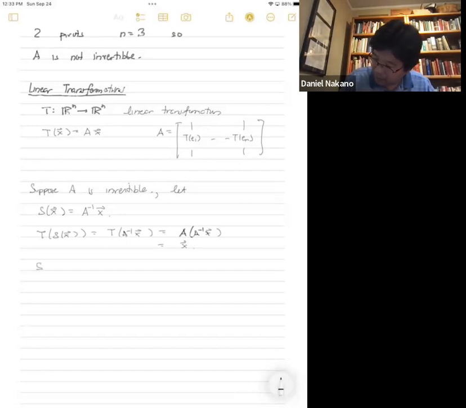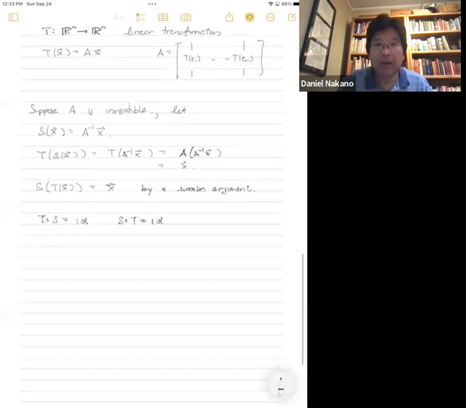And then similarly, if I take S of T of x, I also get x back again too, by a similar argument. All right, so what I'm saying is that T composed with S is the identity, and S composed with T is the identity too.